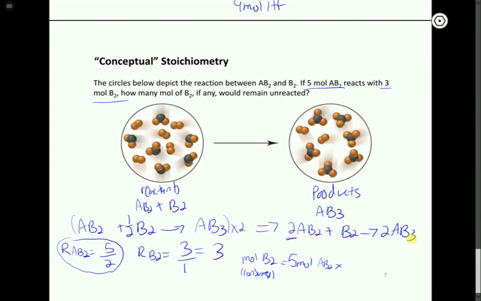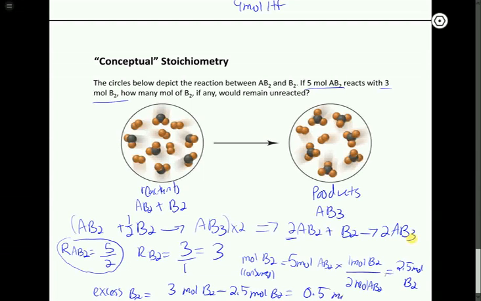And then the balanced reaction tells us that 1 mole of B2 reacts for every 2 moles of AB2, which means we're going to consume 2.5 moles of B2. So for our excess B2, we have 3 moles of B2 to start with, we're reacting 2.5 moles, and that's going to give us 0.5 moles, which was one of the answer choices in this problem. Okay, so we have 0.5 moles of excess B2.